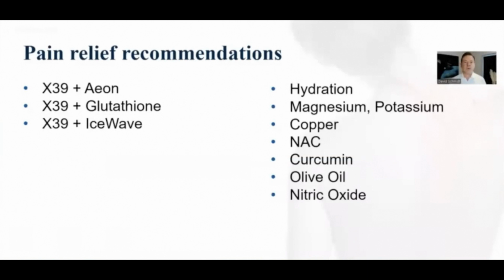Also, taking NAC is a very powerful antiviral. We'll talk about that in a few minutes as well. Curcumin is a natural pain reliever, natural anti-inflammatory. So if you're suffering with chronic pain, this is an option that you have, taking a curcumin supplement.